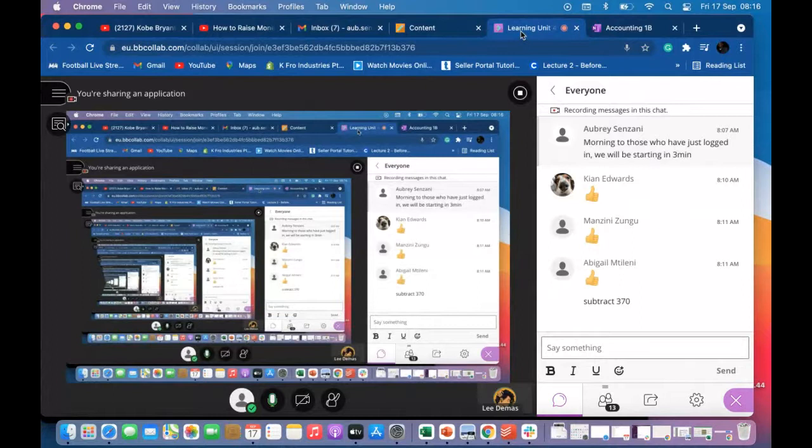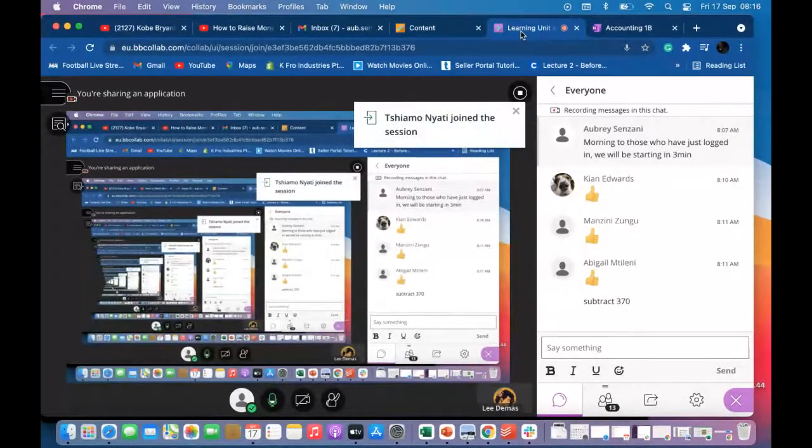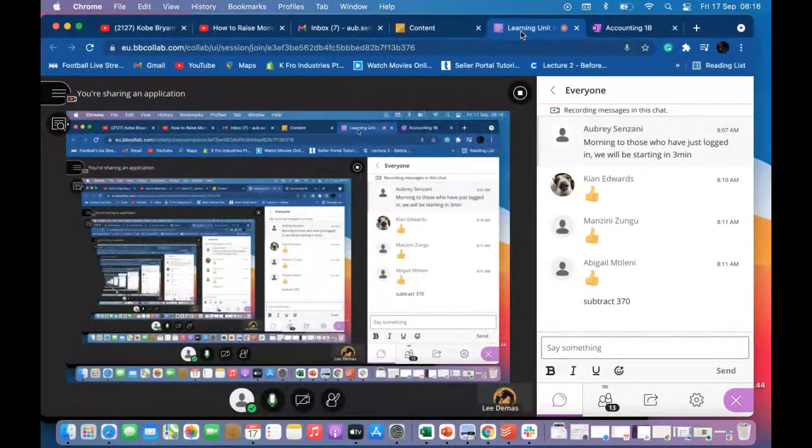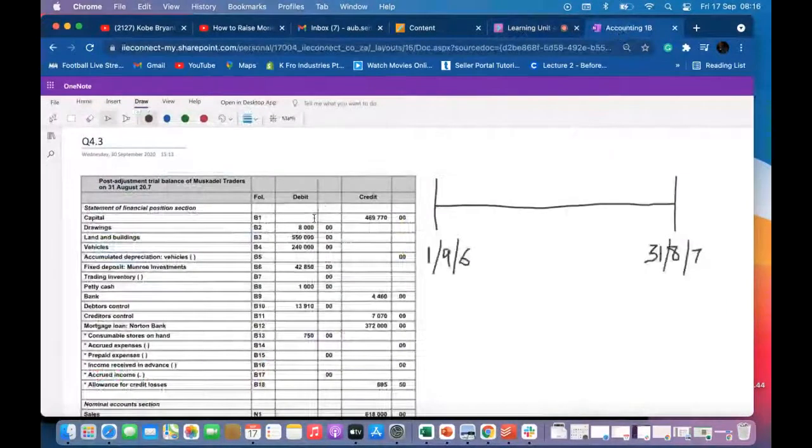A stock take showed us that we have 21,000. But in our books we're supposed to have 21,370. So thank you very much, Abigail. We need to subtract 370. So we go to our trial balance.